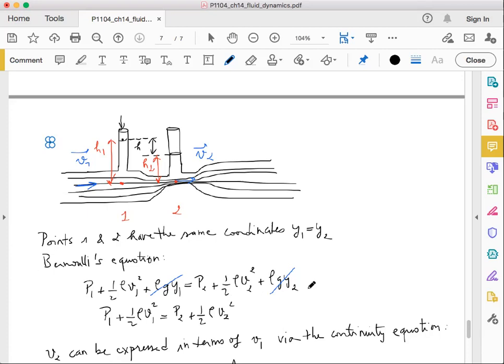Now, we can make some simplifications when we choose the points. First of all, we chose points 1 and 2 to be on the same level.